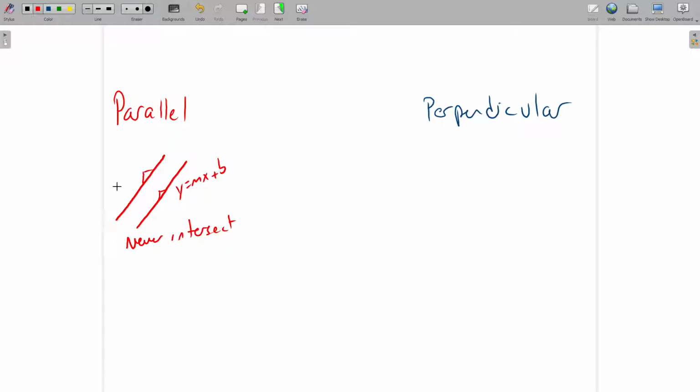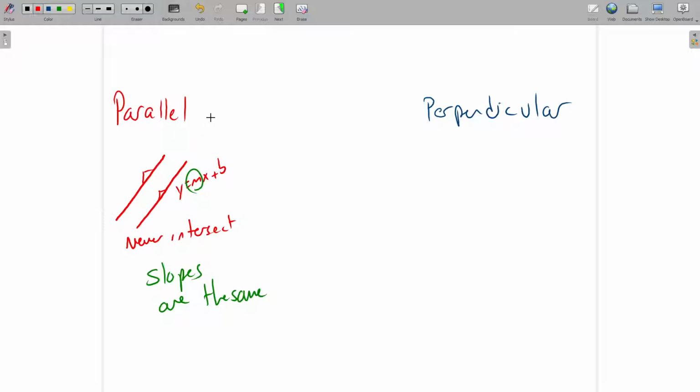All right, they need to be going up the same amount as they're going over the same amount to keep them from intersecting. So the slopes are the same. That's the key, that the slopes for parallel lines are the same.